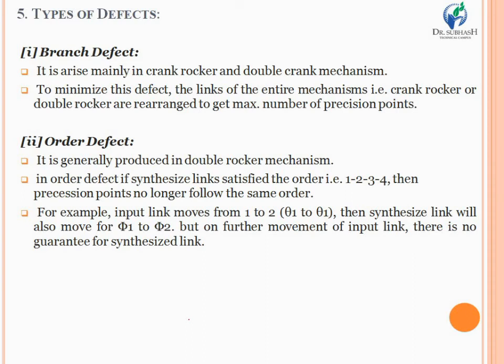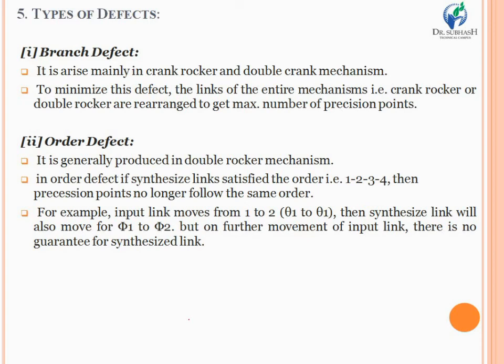That means if you find any mechanism with improper balancing or vibration being set up, it generally goes through some kind of deformation in the links of the entire mechanism, or there is a joint that has loosened. All those kinds of defects we should concentrate on and try to minimize while synthesizing any mechanism.